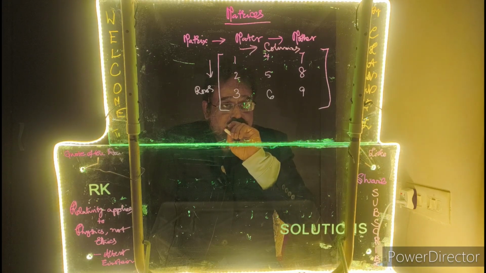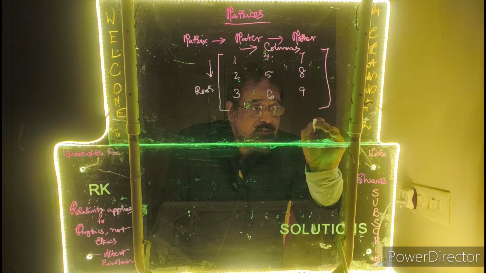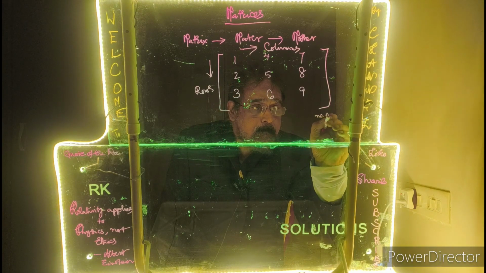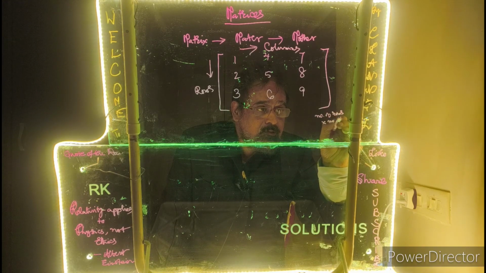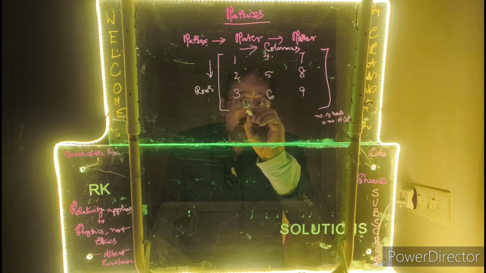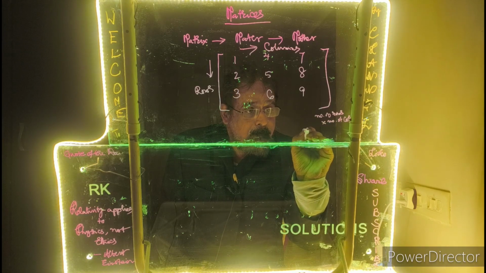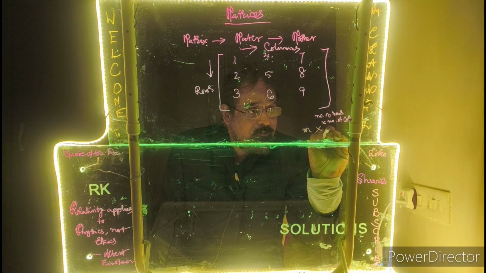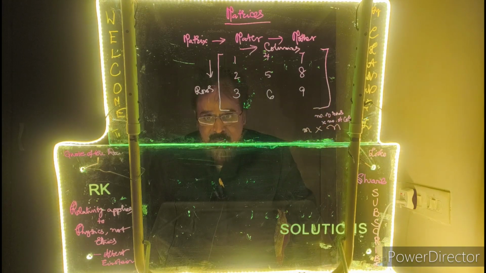Then also the number of rows into number of columns gives you the size. If, let us say, the number of rows is m, then m into n gives the size of this matrix.